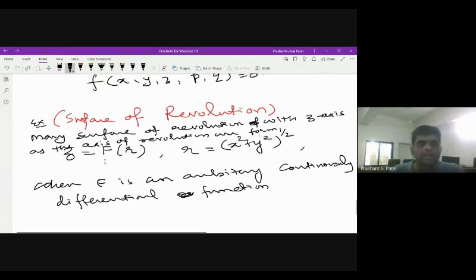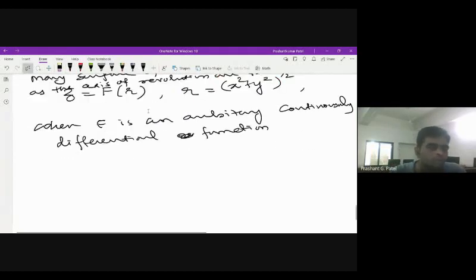So to get the differential equation, we need to involve the first order partial derivatives. If I differentiate z is equal to f of r with respect to x, what is the situation we have here? z is a function of r, which is a function of one variable only, and r is a function of two variables, x and y.